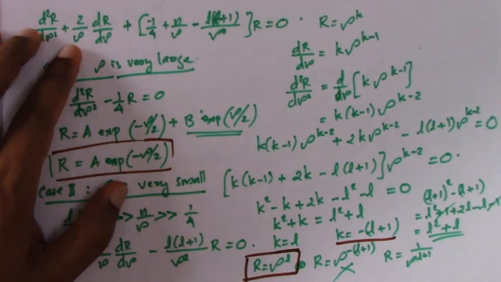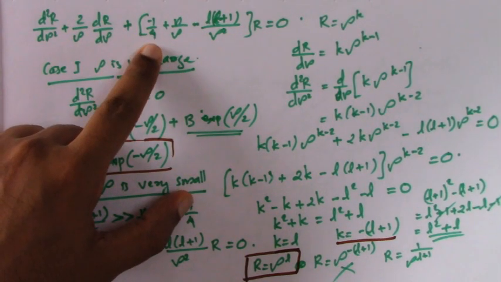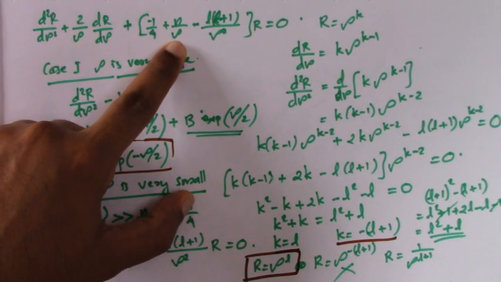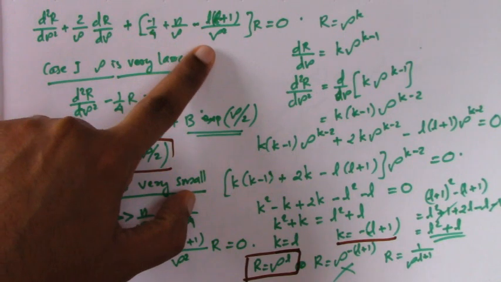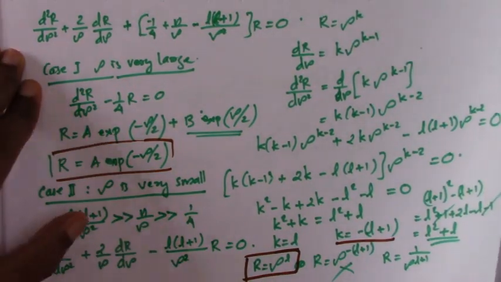And now what is remaining is minus 1 by 4 plus n by rho minus L into L plus 1 by rho square, into R, is equal to 0.